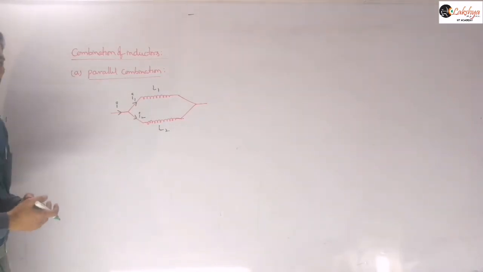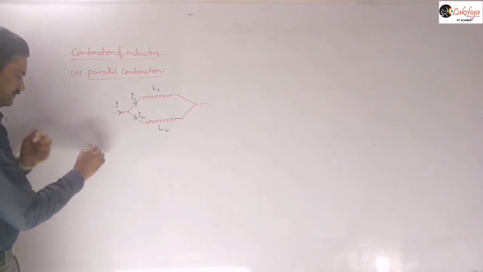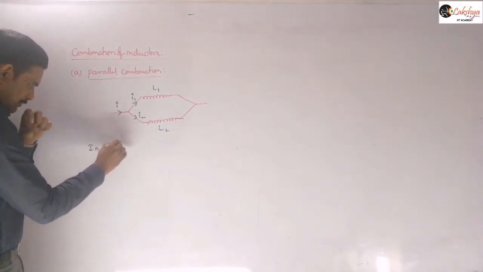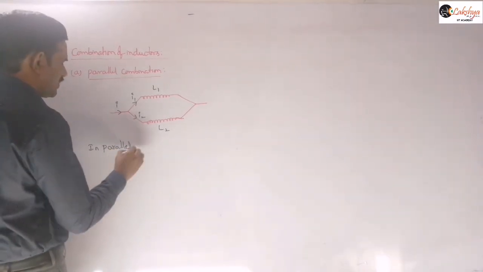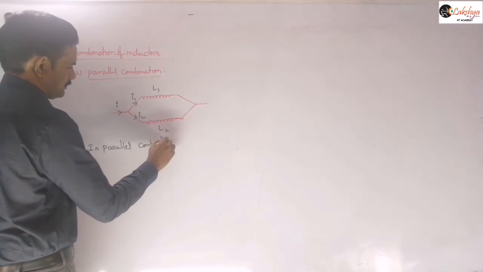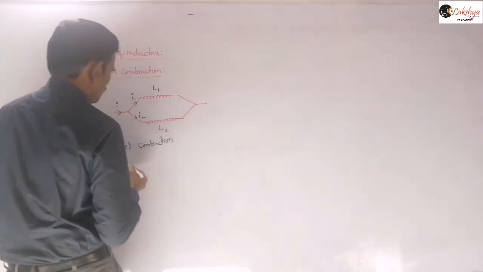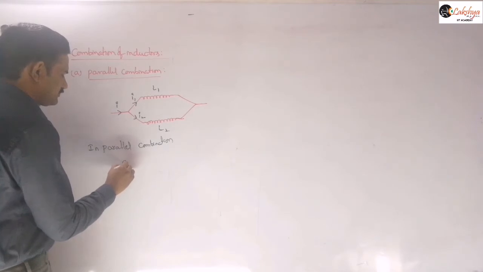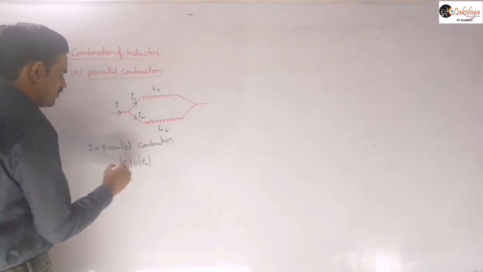And now in parallel, we know already, like in parallel combination of resistors also, induced EMF will be same here. So that means modulus of E1 is equal to modulus of E2 we can write.